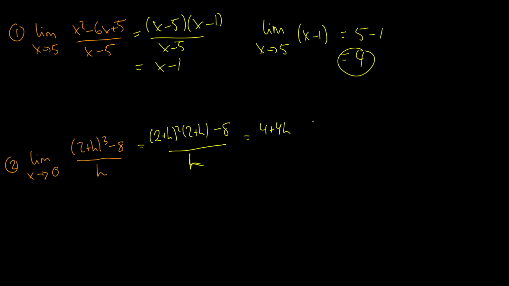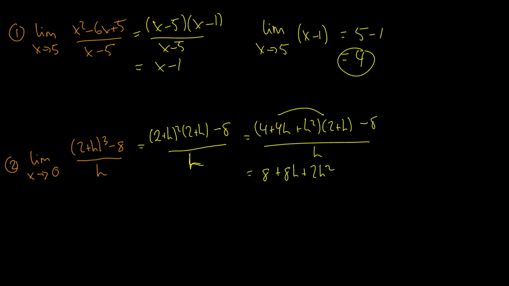So this is (4 plus 4h plus h squared) times (2 plus h) minus 8, all over h, which is the same thing as 8 plus 8h plus 2h squared. I multiplied all these by the first term, and now we'll do it by the second term, plus 4h plus 4h squared plus h cubed, minus 8, all over h.